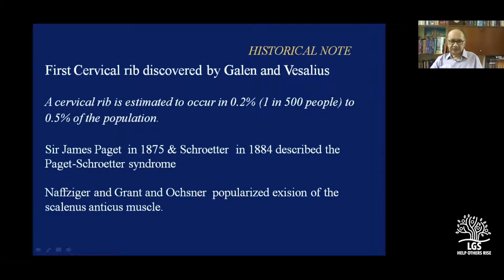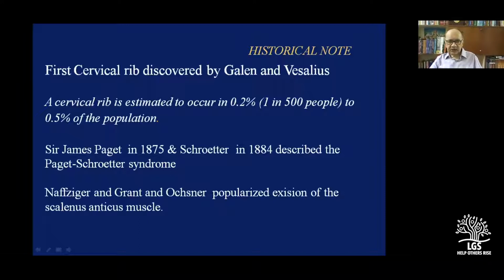On regular chest X-rays taken in hospitals in huge numbers, you find only 1 cervical rib in every 500. Sir James Paget and Schroetter described the Paget-Schroetter disease. Naffziger and Ashner and Grant popularized the excision of the scalenus anticus muscle.